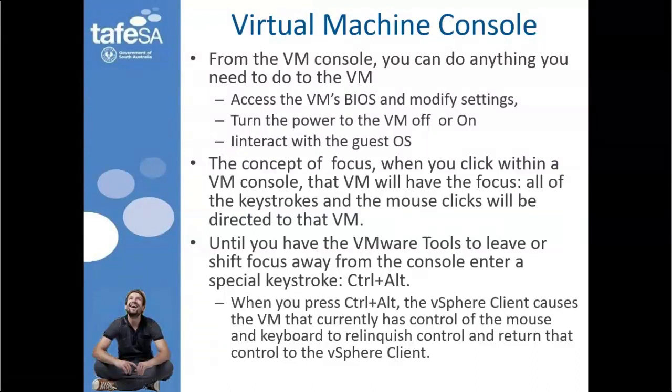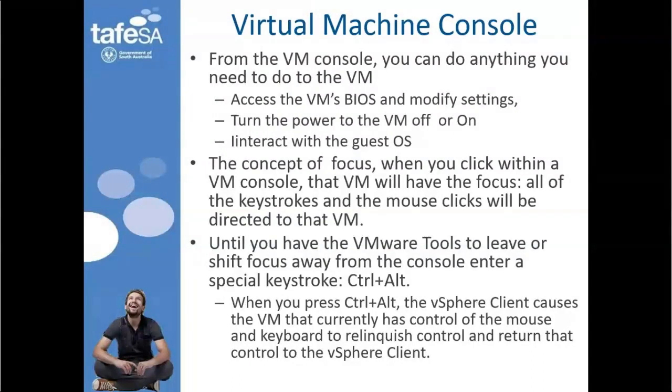If you click into the console, you are interacting with the guest, the virtual machine. If you take the mouse out of the console, especially if you've got VMware Tools on, that means you're working on the host computer. We all know that. But until you have VMware Tools installed, you have to press Control-Alt to release the mouse and keyboard from the virtual machine.